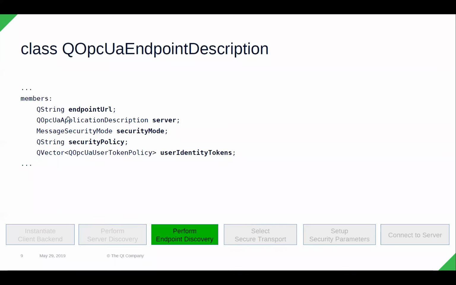The endpoint description has the URL and the server description again. But now most important for security are the security mode, the security policy, and the supported user tokens, which we then use to specify the security mode we want to use to talk to the server.